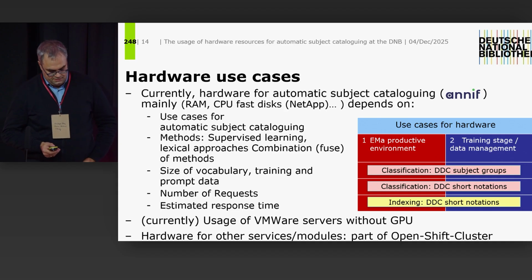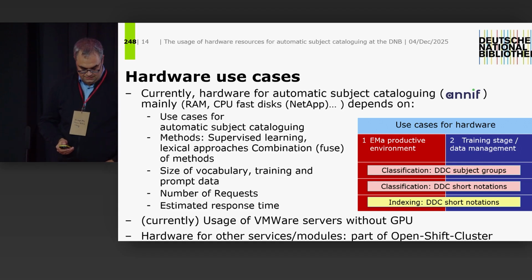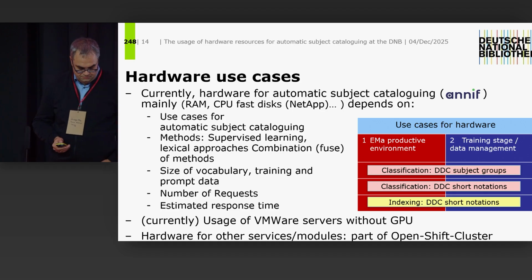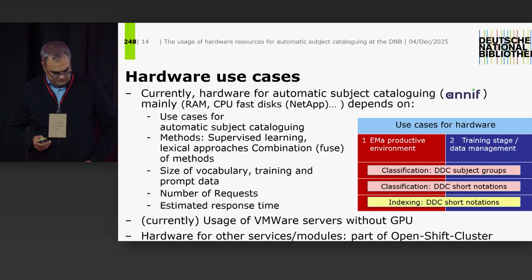Basically, we have to distinguish between the productive environment, the red one, of the indexing machine and the training stage. Therefore, the hardware depends on the underlying methods, I mean rule-based methods, supervised machine learning, and lexical approaches, and so on. In most cases, we use a combination or a fusion of methods that often increases the method's hardware needs. Of course, the input material still plays a role in hardware matters, for example, the size of the vocabulary and training data.